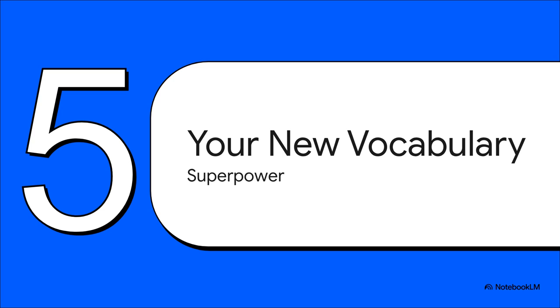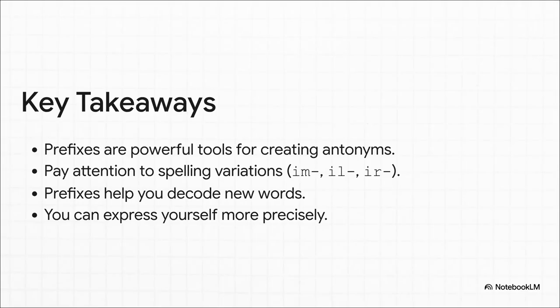So where does all this leave us? Well, you didn't just memorize a few words today. Nope, you've actually learned a new skill, a kind of vocabulary superpower that's going to help you understand English on a way, way deeper level. So the biggest thing to take away is that prefixes are so much more than just letters. They are powerful, they are predictable tools.